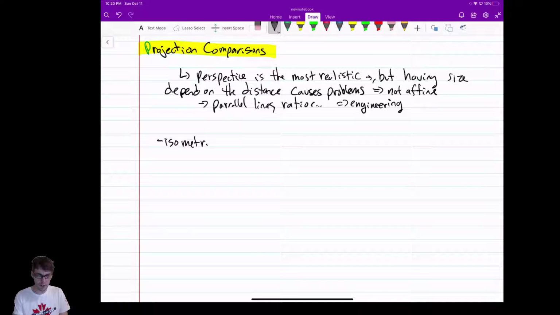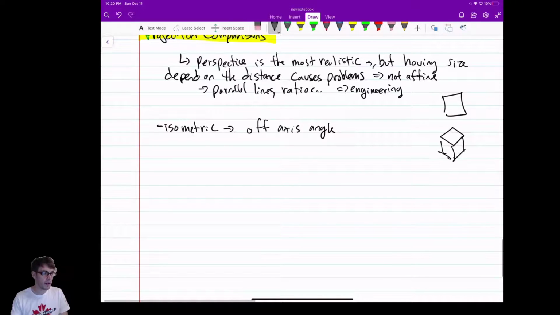There's isometric, and isometric is basically an off-axis angle. So it's like orthographic, but you know that's an orthographic cube, right? Because you're looking straight on. Whereas isometric might be something like this. So it's off-axis, so I can look at it, but that maintains ratios.